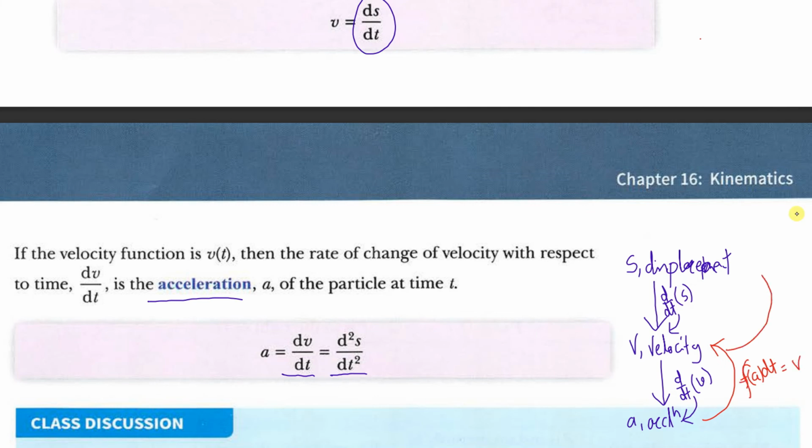And from velocity to displacement, we can write s equals the integral of velocity dt, and we get the displacement. So this is the opposite direction. From displacement to velocity to acceleration we apply differentiation, but in reverse, from acceleration to velocity and velocity to displacement, we need to integrate. This is the basic information of kinematics to start. Let's jump to the exercise to do the questions.